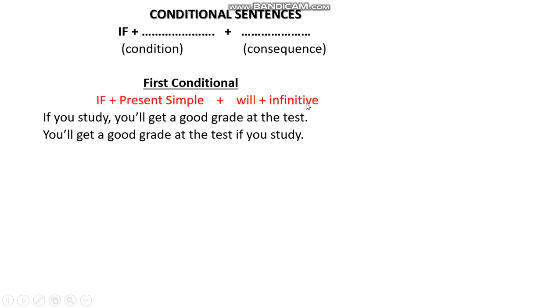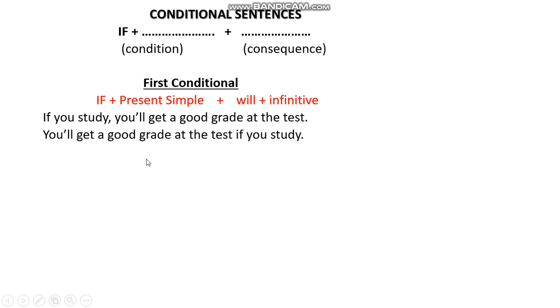And the second sentence shows the consequence. For example, if you study now, you will get a good grade at the test, and that is in the future. Or you can put the sentence which shows the consequence first, and after that the sentence which shows the condition. It's completely the same.